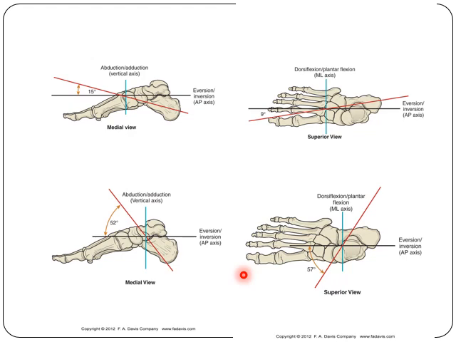So the actions of inversion and eversion that we talked about with this joint take place along what's called a longitudinal axis. Again, we're talking here about the transverse tarsal joint. We're not talking about the subtalar joint.